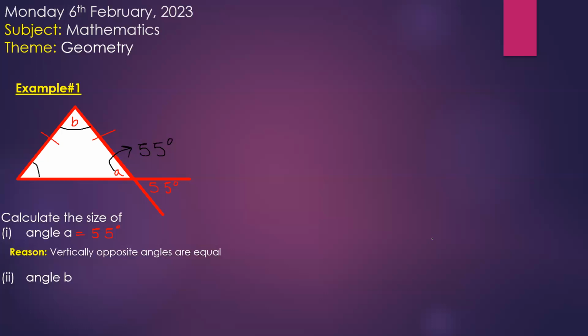Angle B would be 180 degrees minus 55 divided by 2. No. I think that should be 180 minus 55, which gives you 125.